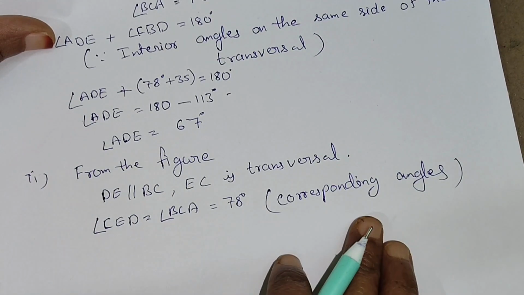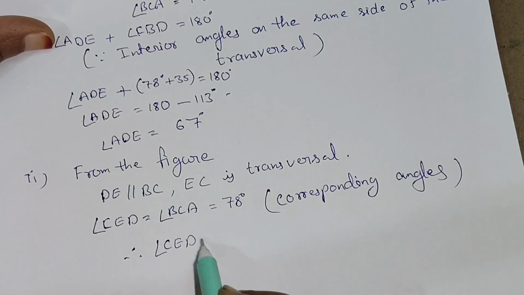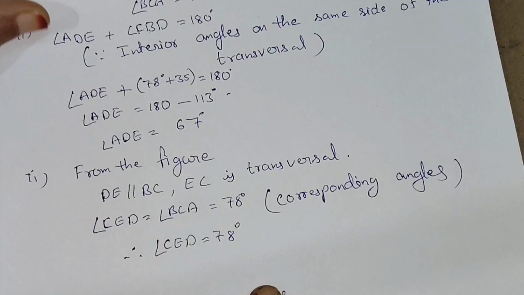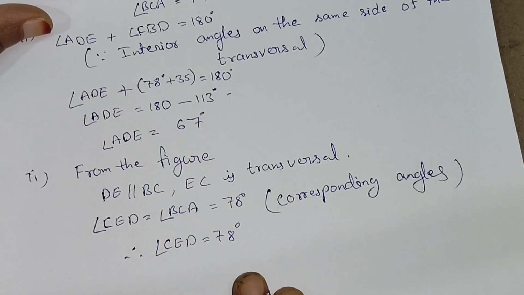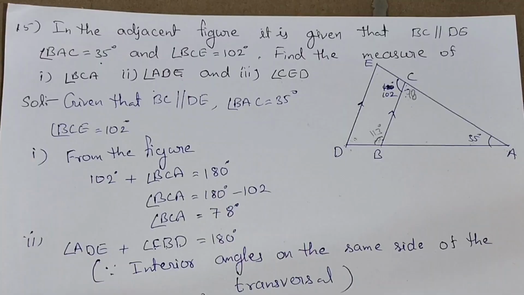So these two are equal. Therefore angle CED equal to 78 degrees. Here the third angle is 78 degrees. This is the 15th solution.